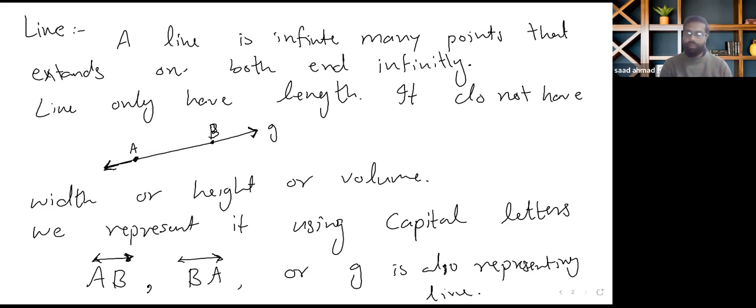All right. So the next thing is, let's say we have a line, but it has one endpoint. Right. So in this case, we call this a ray.